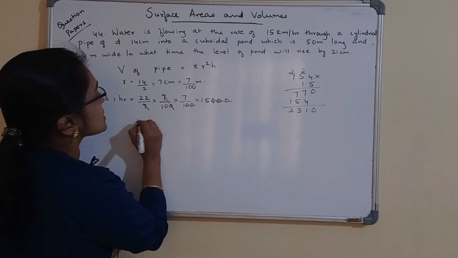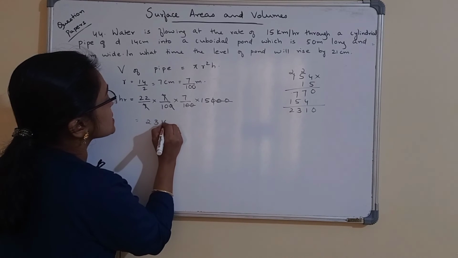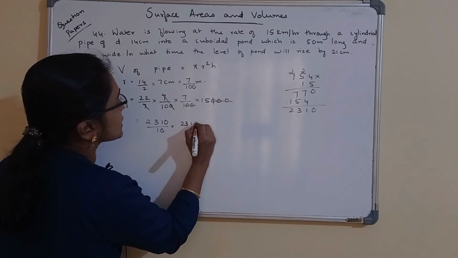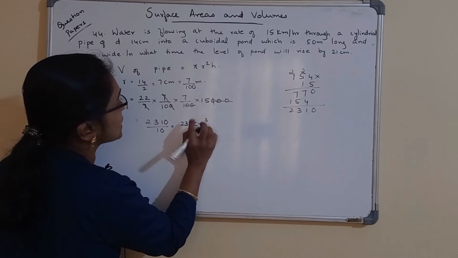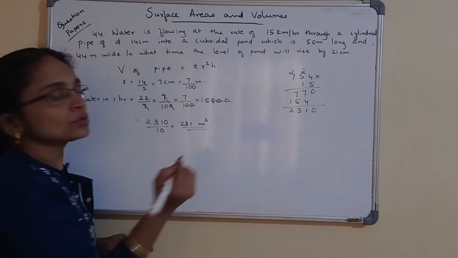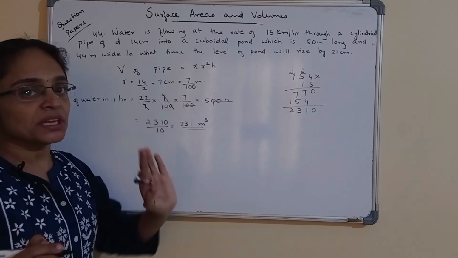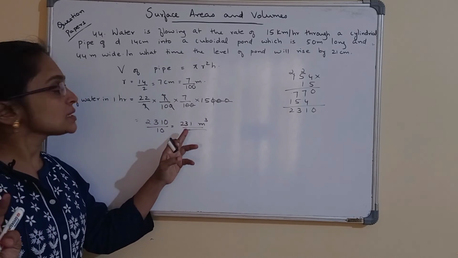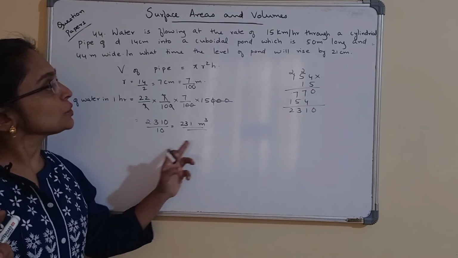And this is equal to 2310 by 10, which is equal to 231 meter cube. We have converted all the units to meter. So, volume of water flowing through that pipe in 1 hour is 231 meter cube.